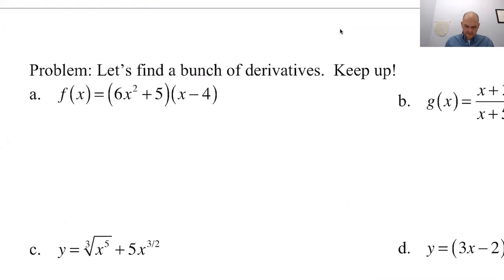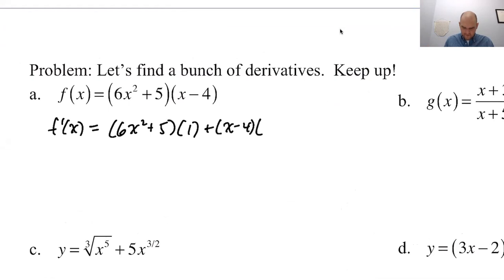So this is a product, so product rule. So it's first times derivative of the second, plus second times derivative of the first, which is 12x by the power rule. And then we should probably clean that up. So what can we take out? Nothing.